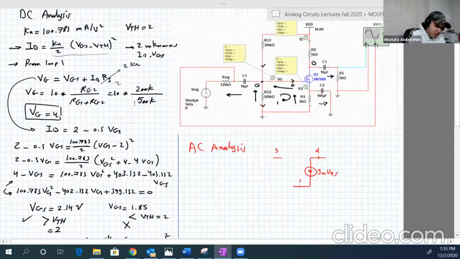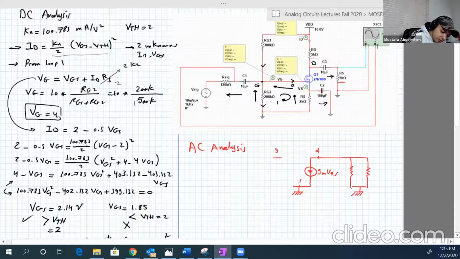The source is connected to ground because when we short C2, RS will be shorted. Then the drain is connected to ground through two resistors, RD and RL, I'm sorry. Here is the output.